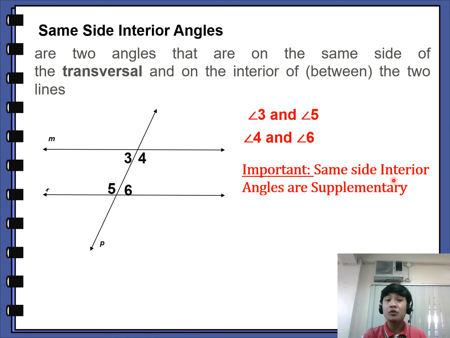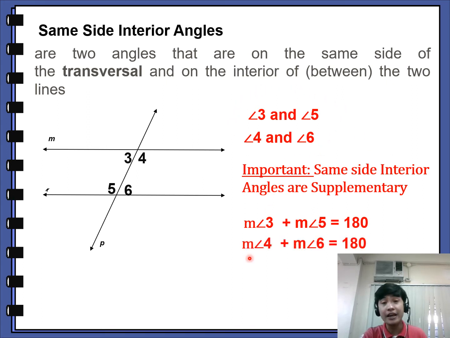So as a result of that, the measurement of angle 3 plus the measurement of angle 5 is equal to 180 as a consequence of this concept para sa mga angles na ito.